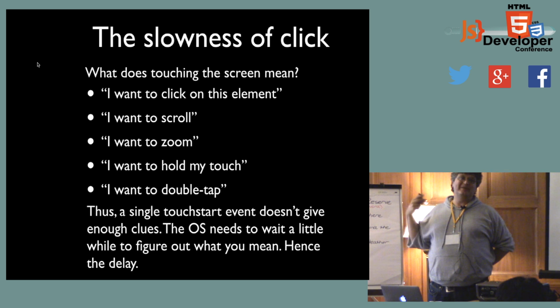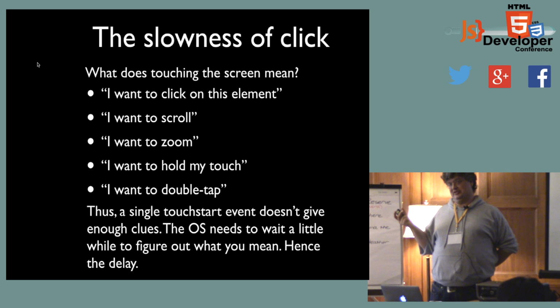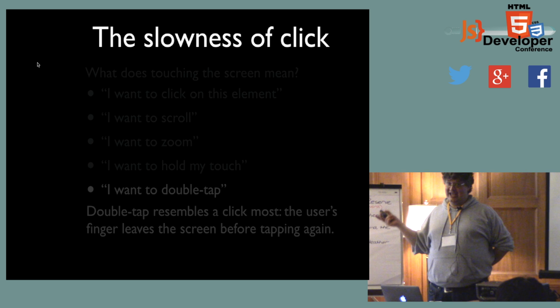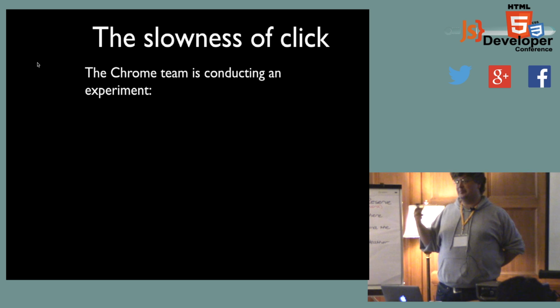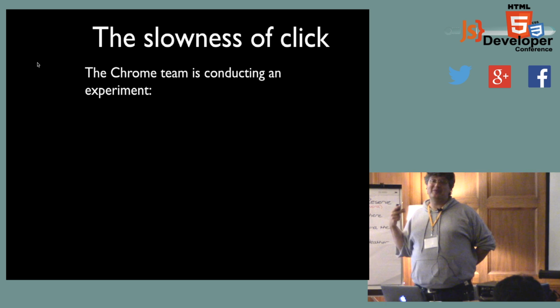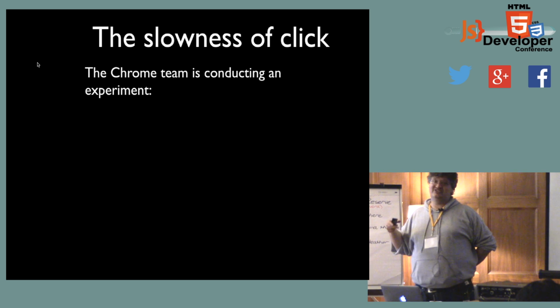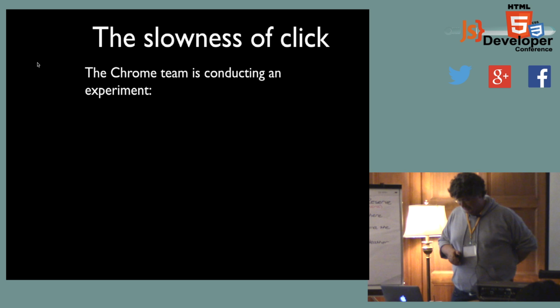Because drop-down menus, there are so many drop-down menus on the web. So when Apple started to develop Safari for iOS, they had to make sure that all these drop-downs were triggered. And drop-downs traditionally work with mouse over and mouse out, which is one of the main reasons why mobile browsers still must support the mouse events, even though it doesn't make sense on a device without a mouse.